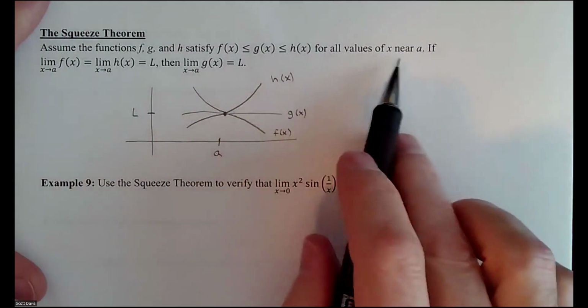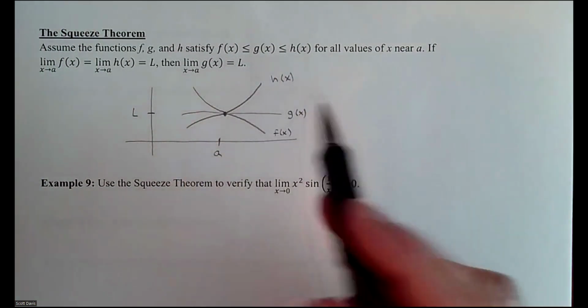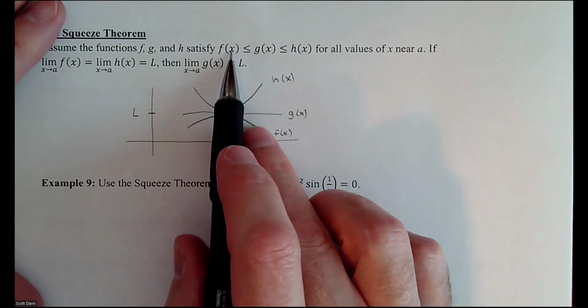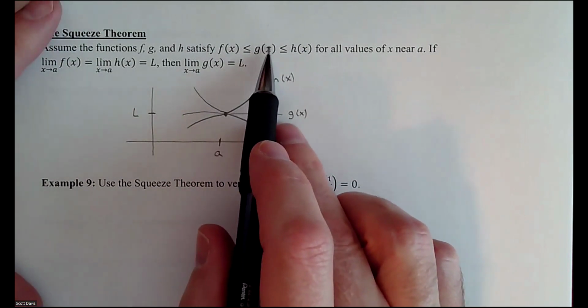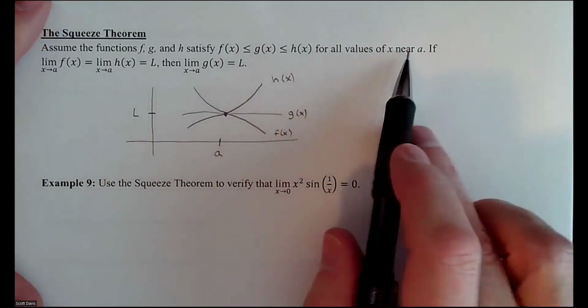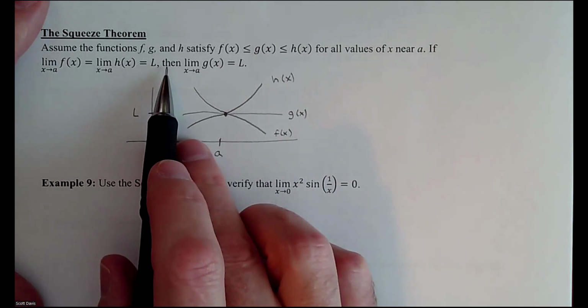So we're going to figure out how to create these equations so that this function is always less than this function, and that function is always less than that function. But at a, we're going to make them all equal each other.